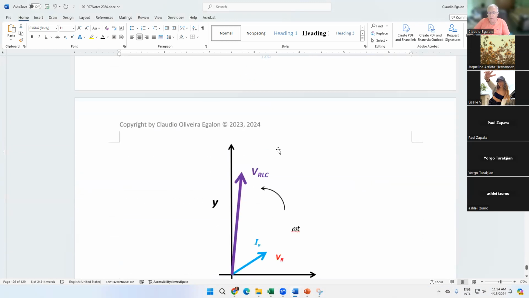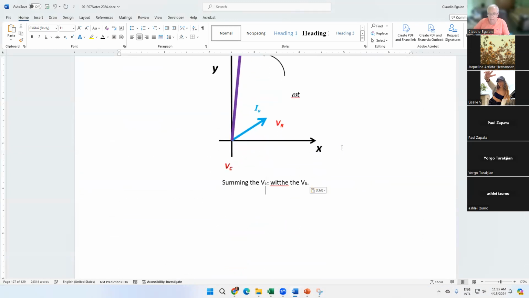Final V RLC phasor, okay, having an angle difference with the current phasor.